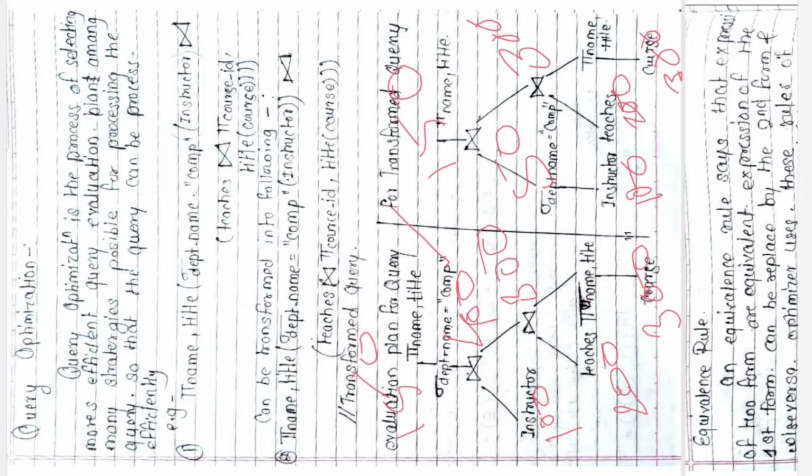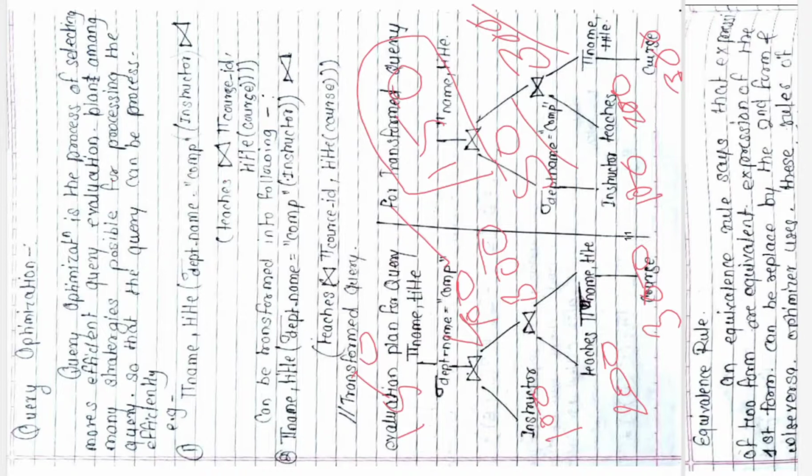But here what is the scene? Here the scenario is different, because I am going to join this 50 and 300, so the number of rows will be reduced, right? Here I have given a very simple example, just for the sake of an example. So after transforming the query, the number of rows which I need to search is less, the number of tuples which I need to fetch is less.